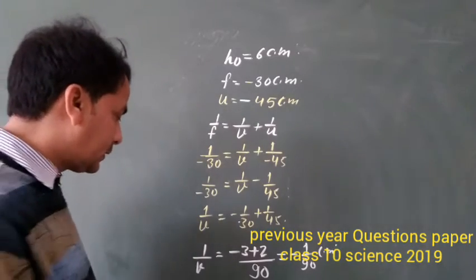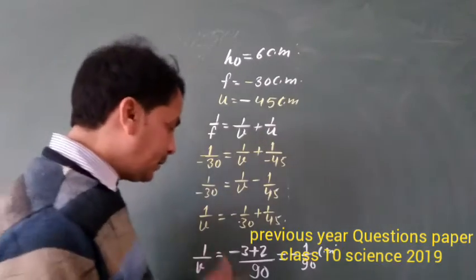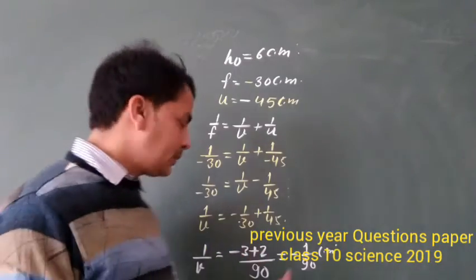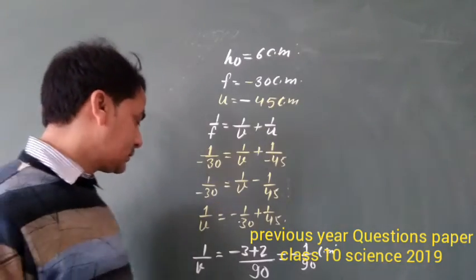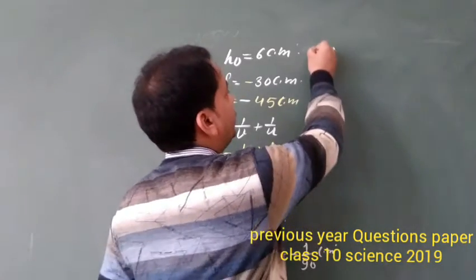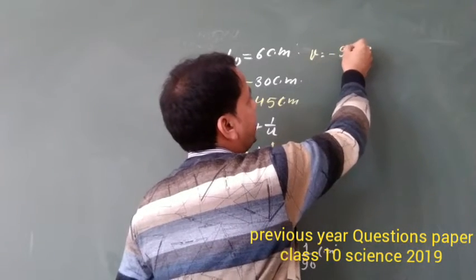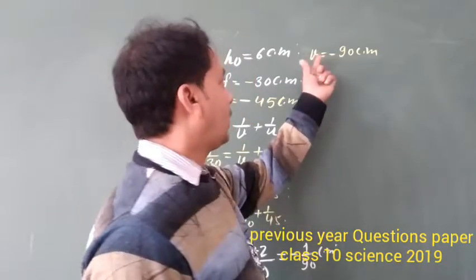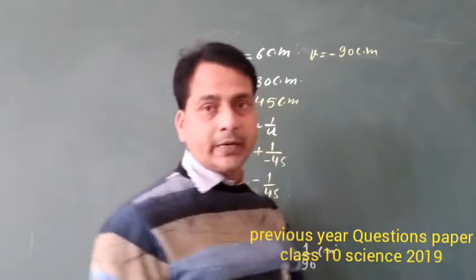The negative sign indicates that the image is formed on the same side where the object is placed. So object and image are in the same direction. The image distance is v equal to minus 90 centimeter, so object distance and image distance are both on the same side.